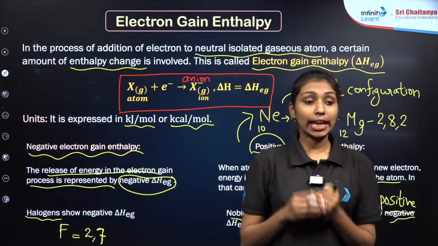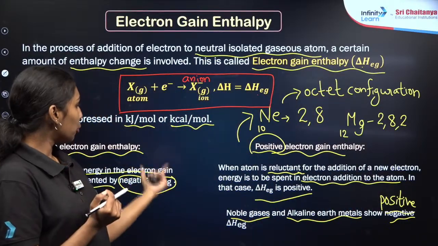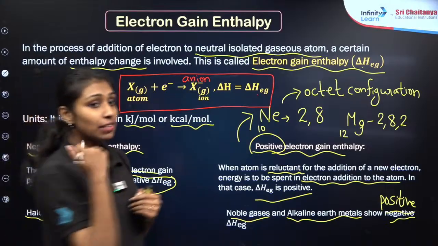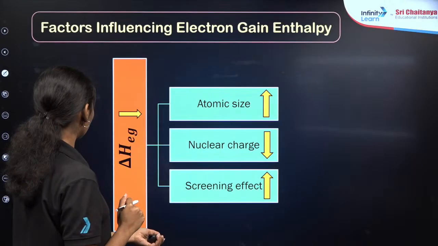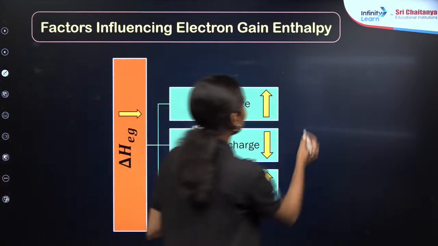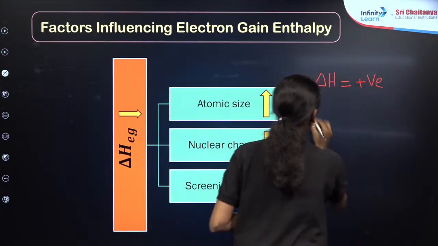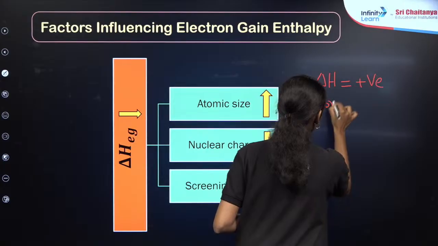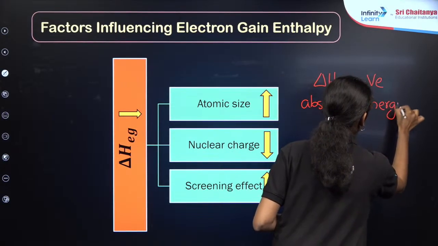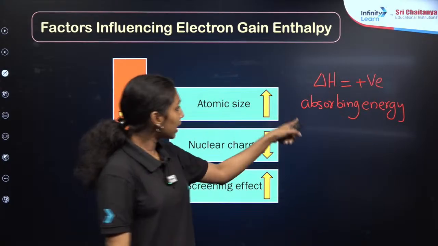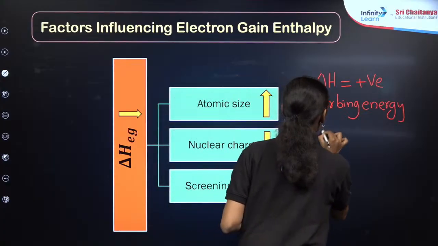How do we check if a reaction is endothermic or not? If you are given the delta H value, according to electron gain enthalpy, and it is positive, which means energy is always absorbed, then we can say this process is endothermic, right?